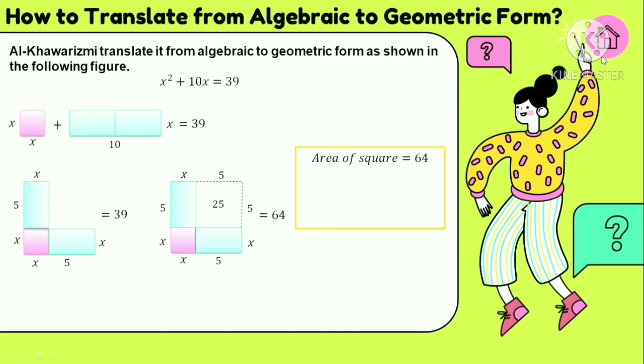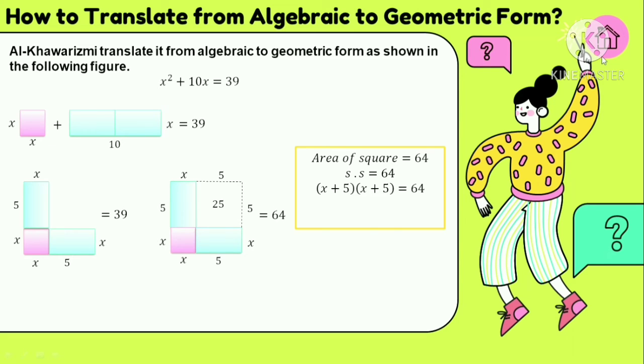And the formula for the area of a square is side times side, which is equal to 64. After that, we substitute x plus 5 as the side, so we get x plus 5 times x plus 5, which is equal to 64. The square root of x plus 5 times x plus 5 is x plus 5, and the square root of 64 is 8.